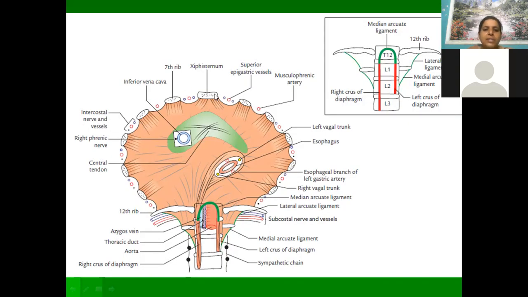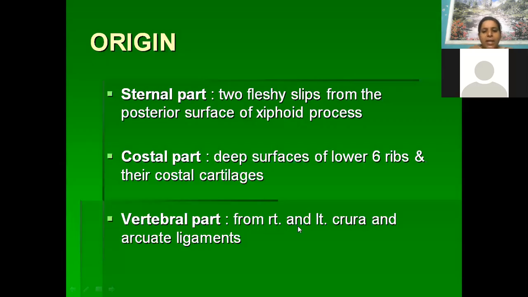So we have sternal origin, then we have costal origin, and what are these you are finding? These are the lumbar vertebrae. So from the lumbar vertebrae also we have the origins. Okay, what are those? Let us see. From the right and left crura and arcuate ligaments.